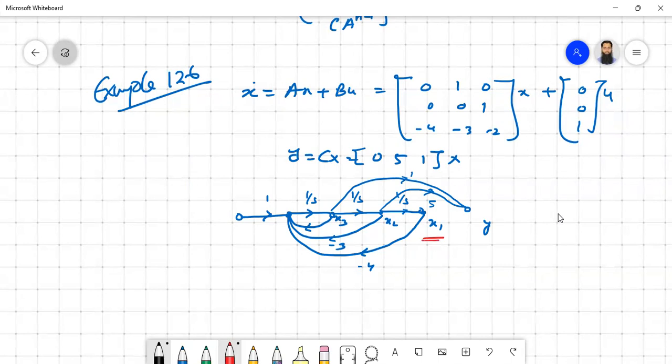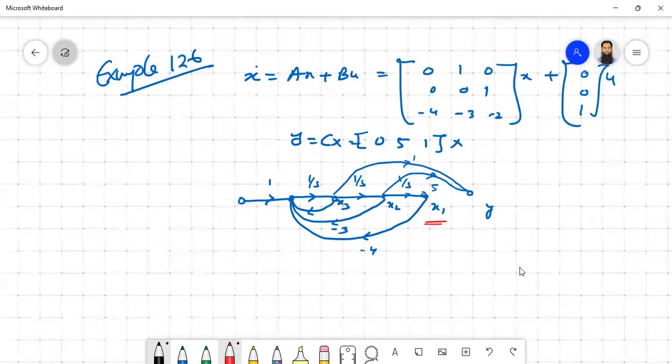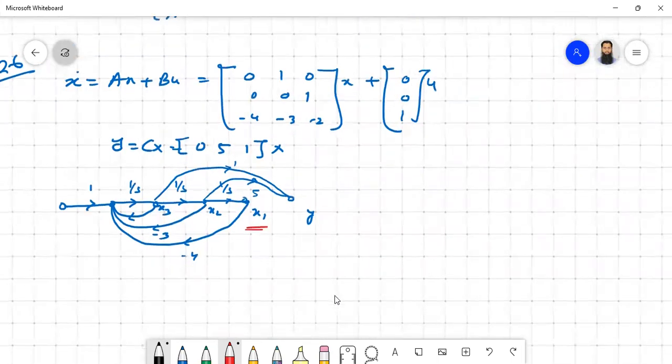But as I said, the best result by inspection is always obtained in case of a system represented in diagonalized or parallel form, and the system also not having multiple poles. So this result cannot be relied on. Let us check whether the state X1 is really not observable.